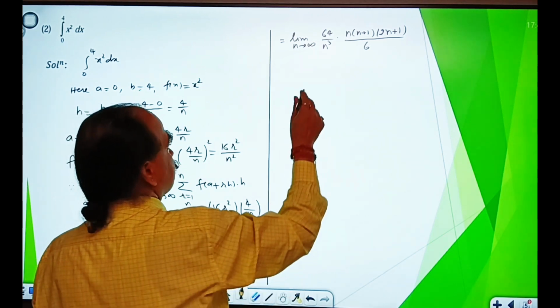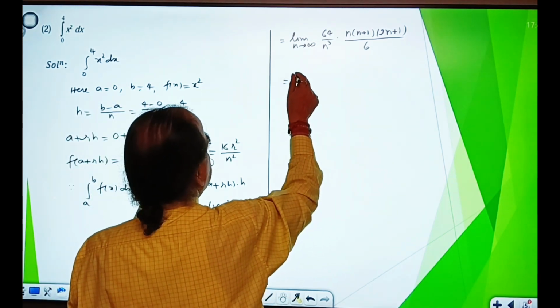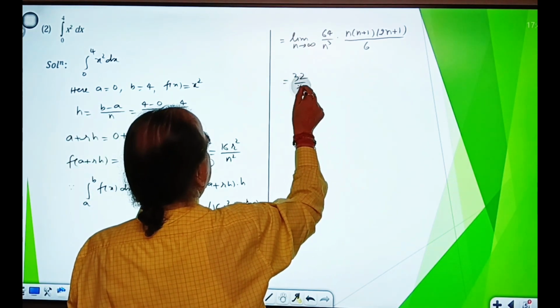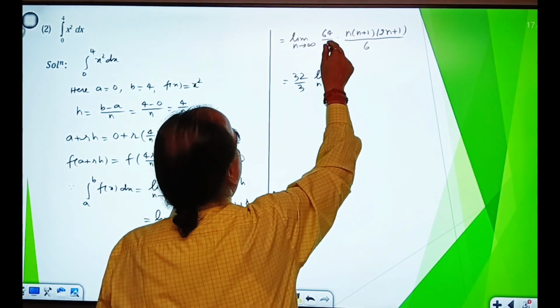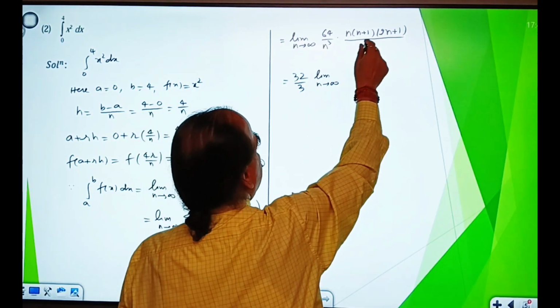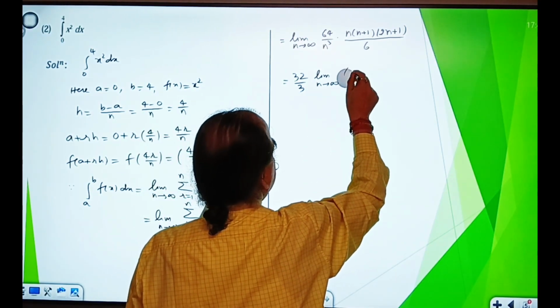64 and 6 will get cancelled, you get 32 by 3 will come outside. Limit, n will get cancelled, remaining n square will divide with both the factors.